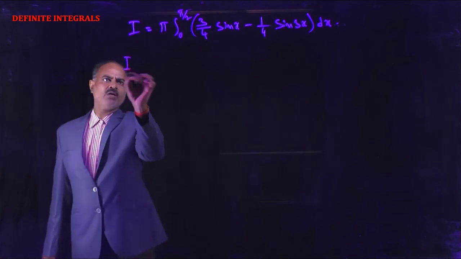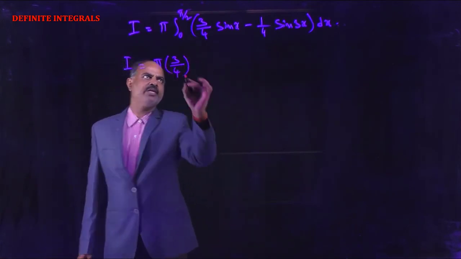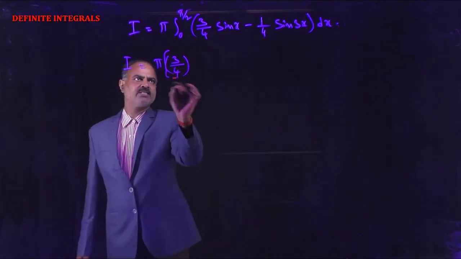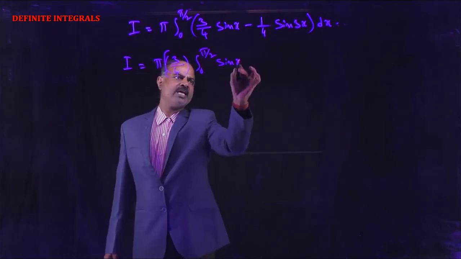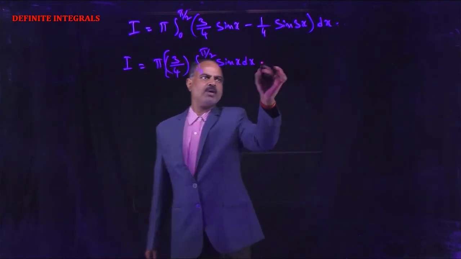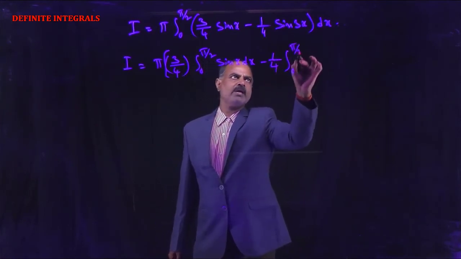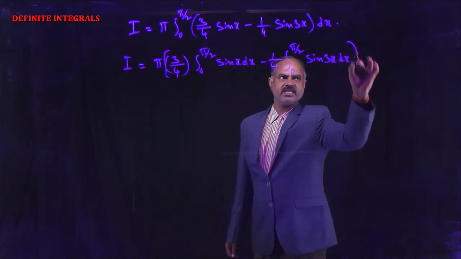So I equals pi into 3 by 4 into integral 0 to pi by 2 sin x dx, minus 1 by 4 into integral 0 to pi by 2 sin 3x dx.